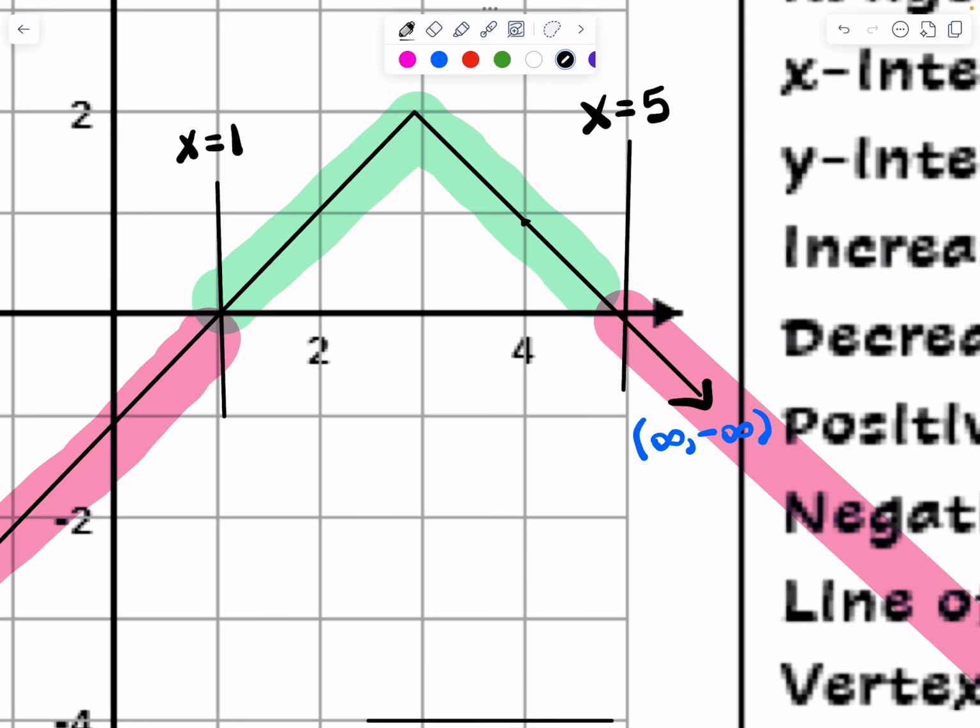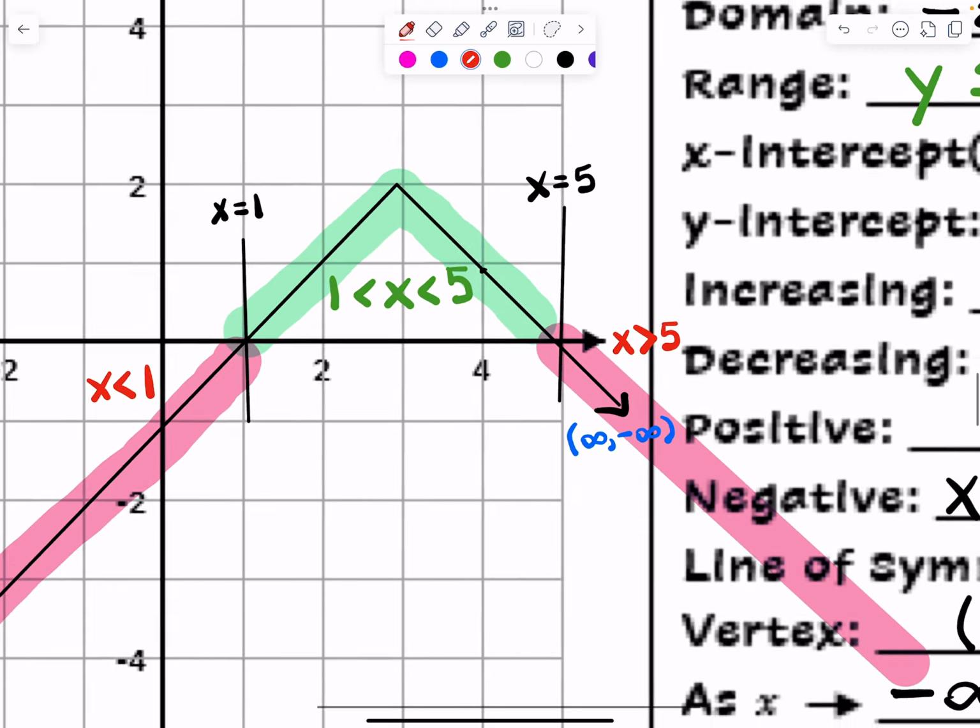Okay. So in here, x is between 1 and 5. On this side, x is less than 1. And over here, x is greater than 5.